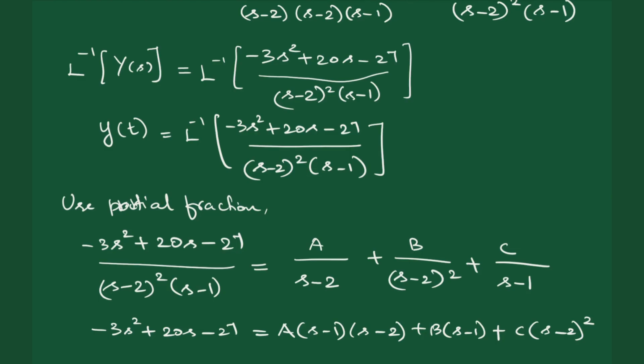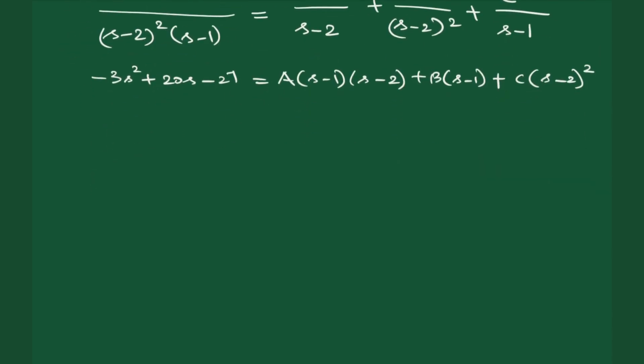So by the substitution method, putting s equal to 1 and s equal to 2, and if we want we can substitute s equal to 0 also to find the third value, right?